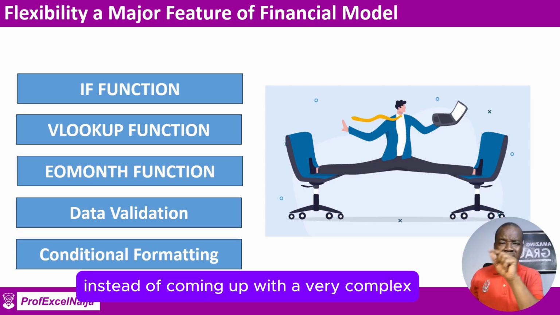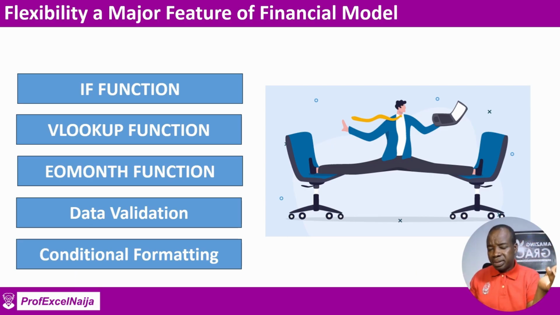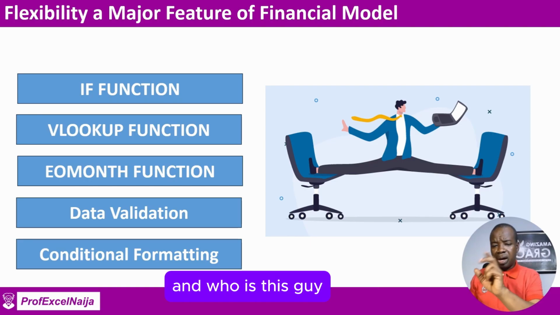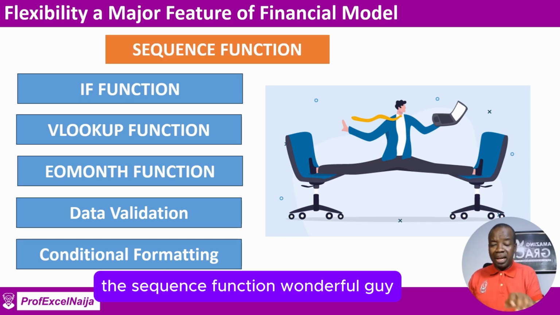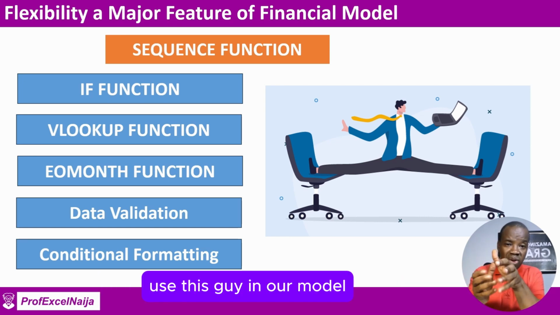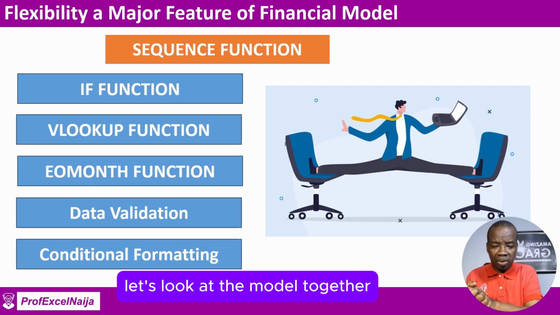Instead of coming up with a very complex formula, this guy plays this role very well. And who is this guy? The sequence function. Wonderful guy. I'm going to show you how I actually use it in our model. Let's look at the model together.